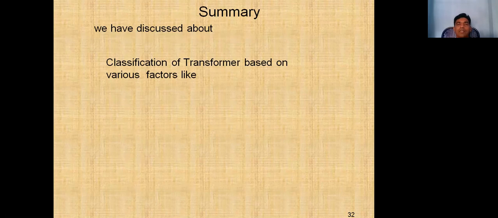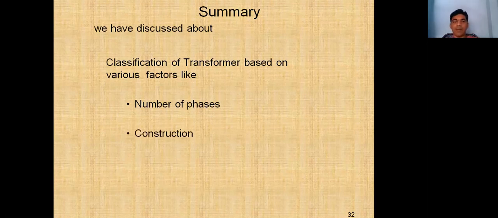And we have discussed classification of transformers based on various factors like number of phases. Based on the number of phases: single phase, polyphase, two phase or three phase transformers. Based on the construction: core type, shell type, berry type.